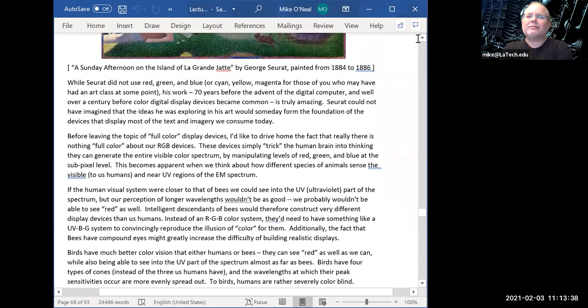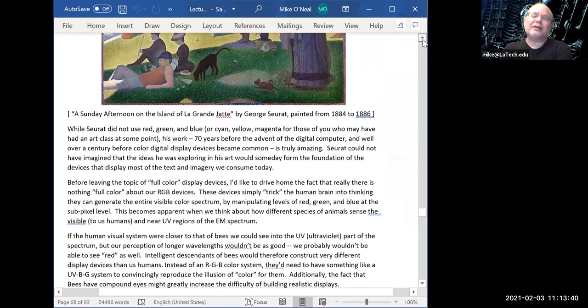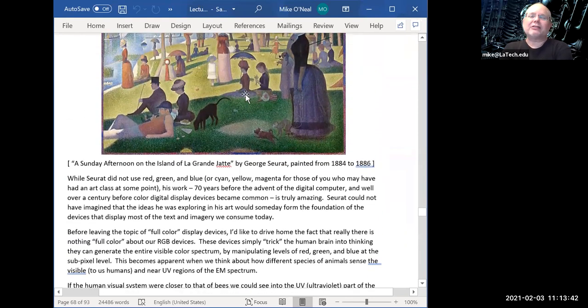But I have a copy of Sunday on the Island of La Grande Jatte in my living room because I am a geek, and I don't put a lot of artwork on my walls. My mom was one of these people who had lots and lots of knickknacks all over the walls, and she collected little music boxes and lots of stuff. I'm exactly the opposite.